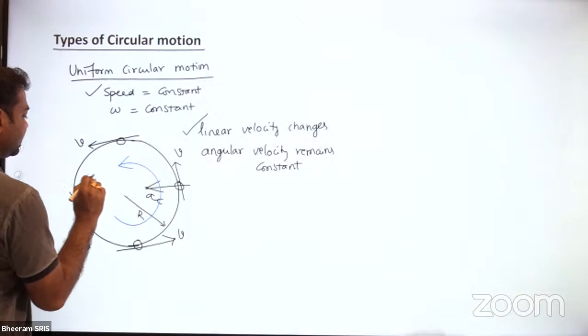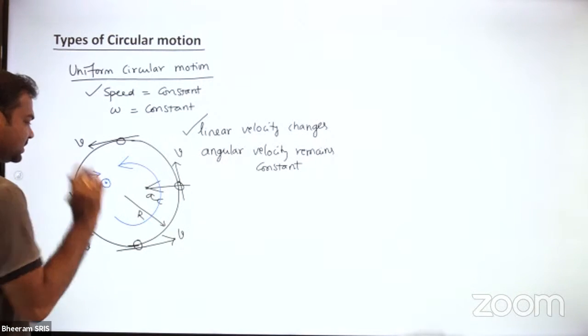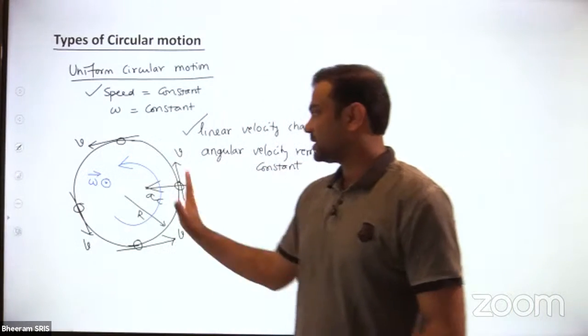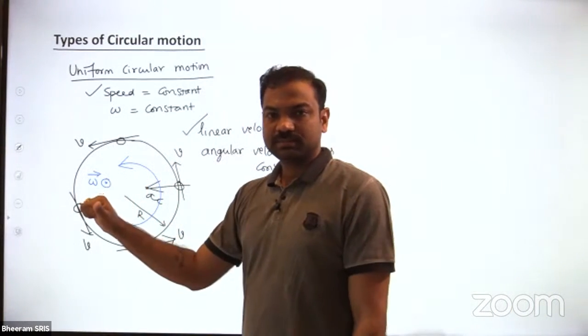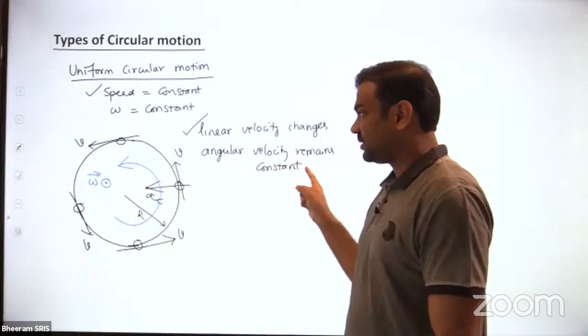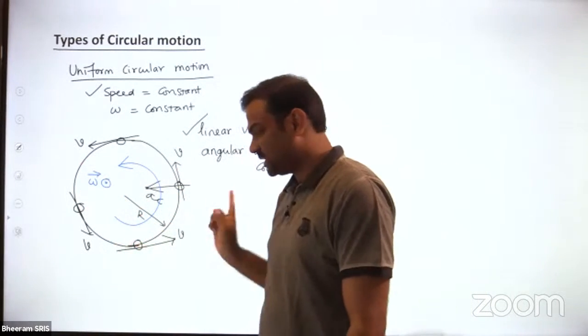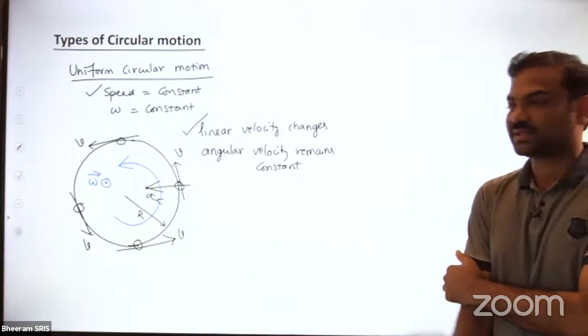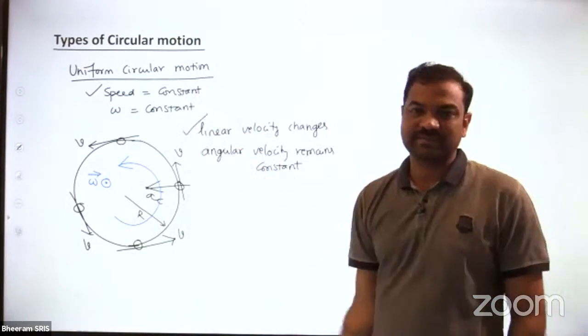It is always out of the board, so the direction is not changing. That's why angular velocity remains constant, but the linear velocity direction keeps on changing, so linear velocity changes. But speed remains constant. Try to understand all these logics.